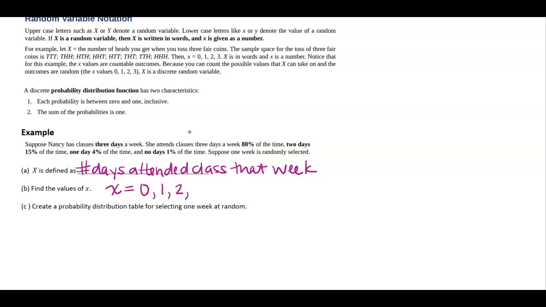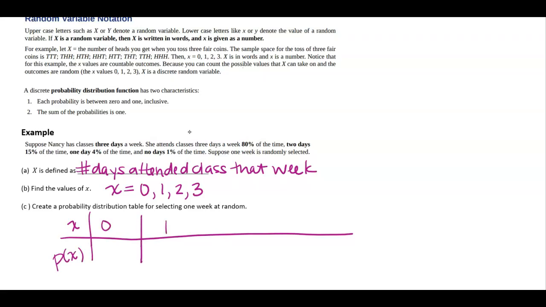So I would say that X is defined as the number of days attended class that week, where then little x is going to be equal to 0, 1, 2, or 3. So then the probability distribution we can put in a table like this with those outcomes.